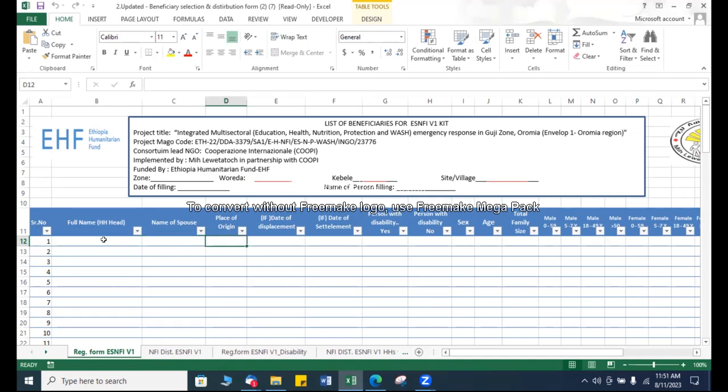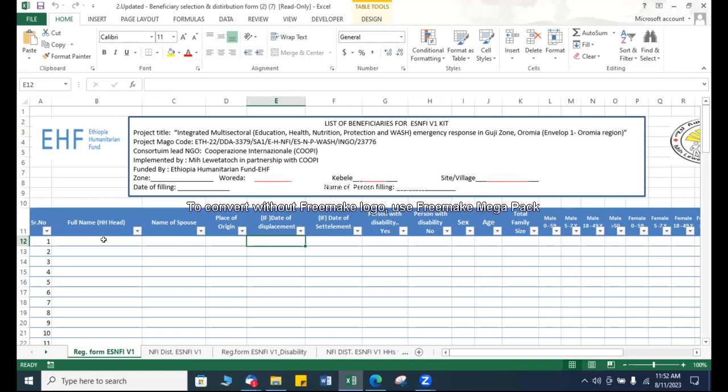Then place of origin. For example, if it is for IDPs who were displaced from one location and reside in another location, we have to report the place of origin here. If they were displaced from, let's say, one woreda to another one, we have to mention the place of origin they were displaced from, and then we also have to indicate the date of their displacement.